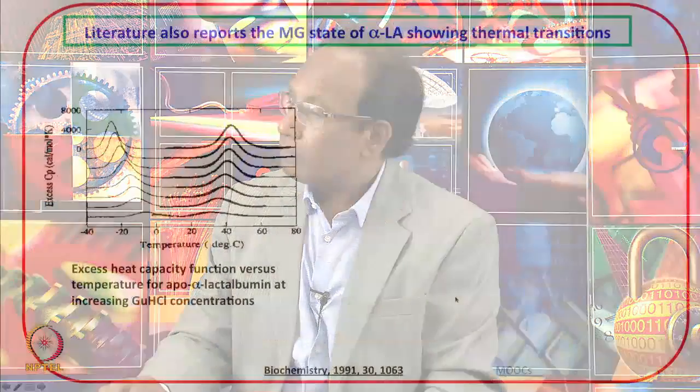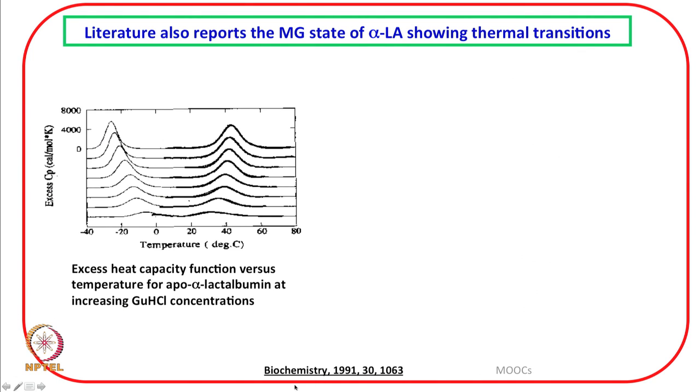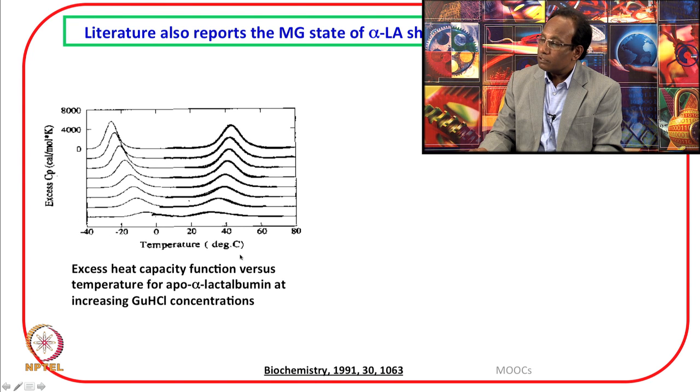This figure, which is adopted from Biochemistry, is a plot of excess heat capacity against temperature, or in other words, it is a DSC thermogram for unfolding of apo-alpha lactalbumin at increasing guanidinium hydrochloride concentration.